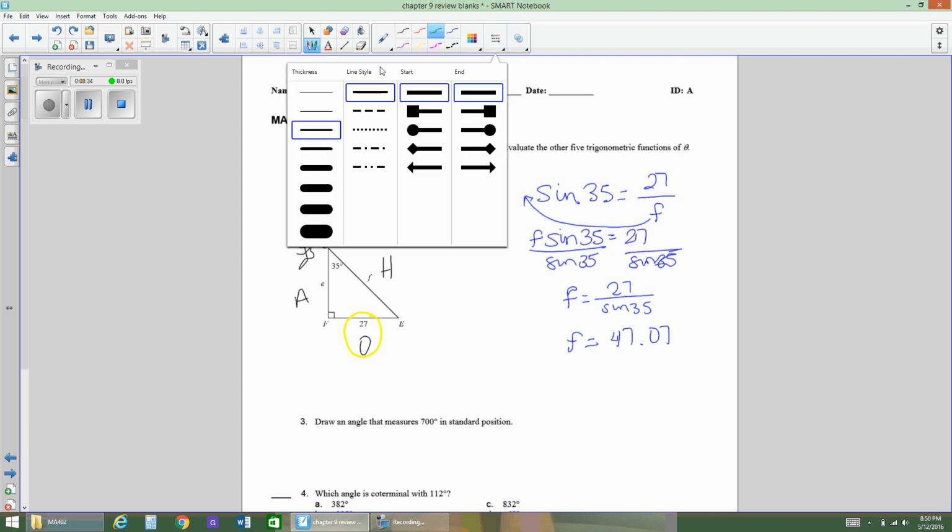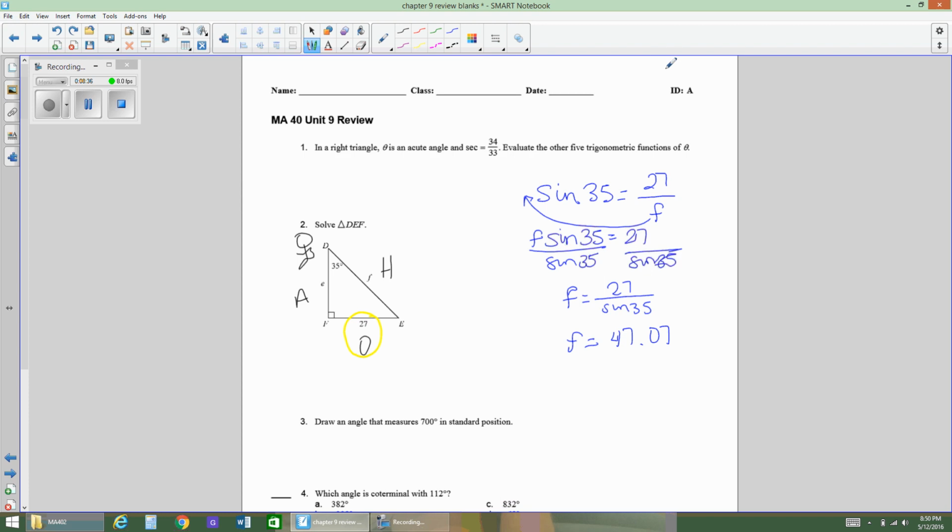I'll change colors just so you guys can keep the work straight. So I have tangent of 35 is equal to opposite over adjacent. Remember, in effect, what's happening is these guys switch spots, which means whatever E is, it's 27 divided by the tangent of 35.